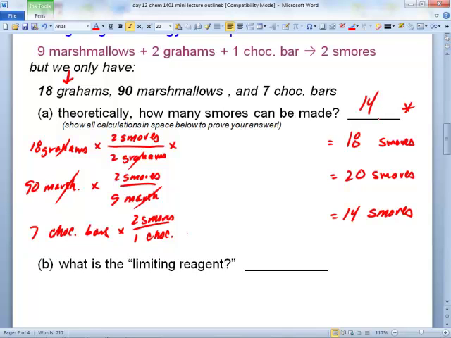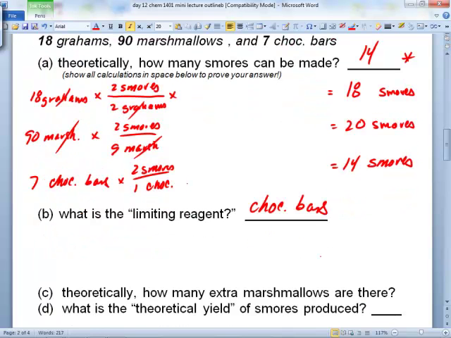It would make a lot more sense. So let's let you answer that one, Paul. What would be the limiting reactant or reagent? It would be the chocolate bars. That's what they're referring to when they say limiting reagent. It's whatever got used up first. The chocolate bars. Okay? So that's a limiting reagent.